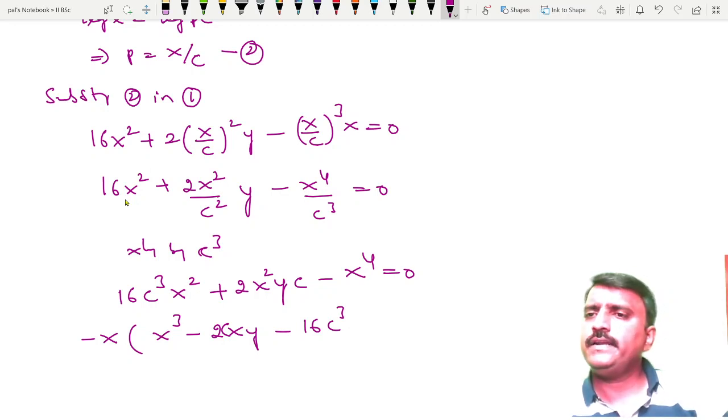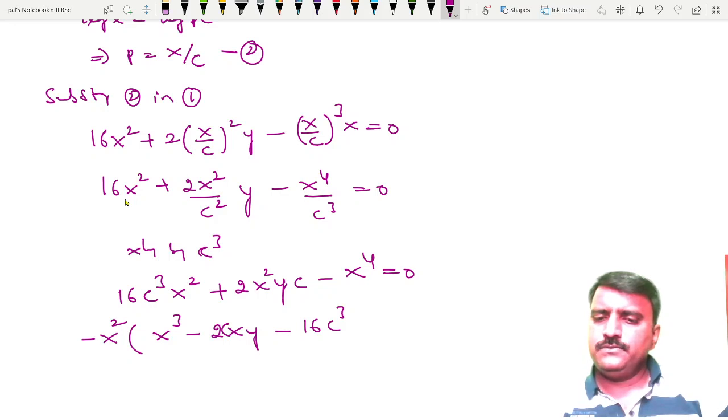I think you can take x square as the common factor. If you take x square as common factor, x square is remaining here, then 2cy comes here, and here 16c cube remains, into 0.